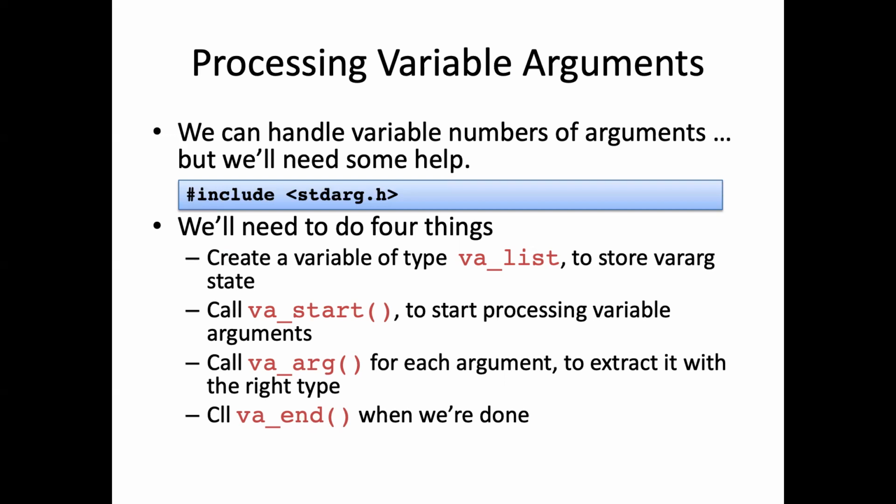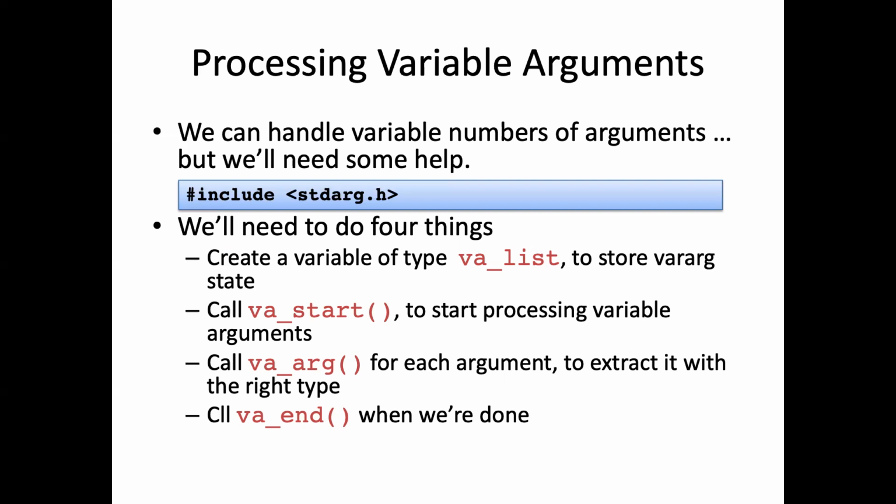So if you want to extract arguments from that parameter or from any number of arguments on the stack, you're going to need a variable of this type, va_list. Then you're going to need to call that first macro, va_start. That says to start processing variable arguments. It's got 2 parameters, the va_list you just made and an argument that says where to start. We'll see an example of that in a moment. And then you're ready to start extracting arguments. Whenever you call that next macro, va_arg, you're saying, give me the next argument that was passed in.